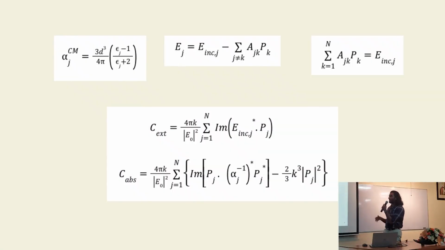So this is a summary of what actually happens inside the calculations. I did not have to work with these myself. These were numerically implemented in the software that I use. That alpha is the polarizability. You can see it depends on epsilon j and i. Epsilons are refractive indices. The material is specified by the refractive index that we give to the software.